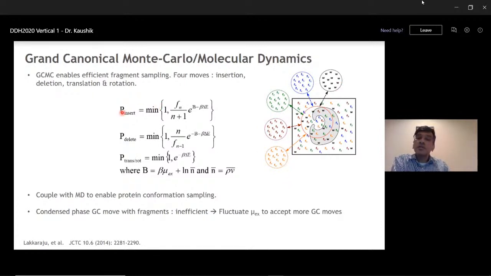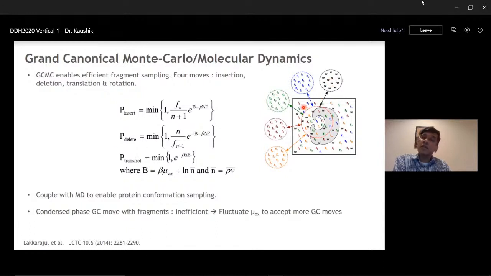Now you can use the Metropolis criteria to evaluate what it takes for a probe molecule to move from this gas phase reservoir into the site of interest and back. Those 2 moves can be classified into insertions and deletions. An insertion is a move where you move a fragment or a probe molecule from a gas phase reservoir into the site of interest.